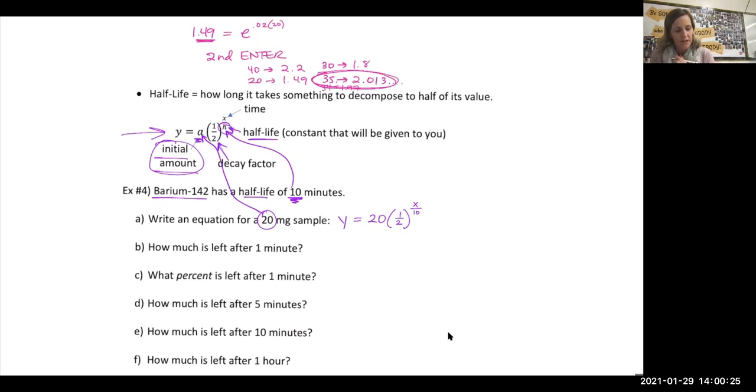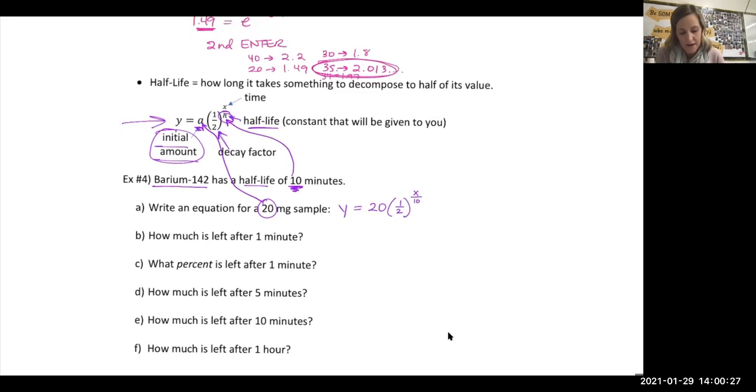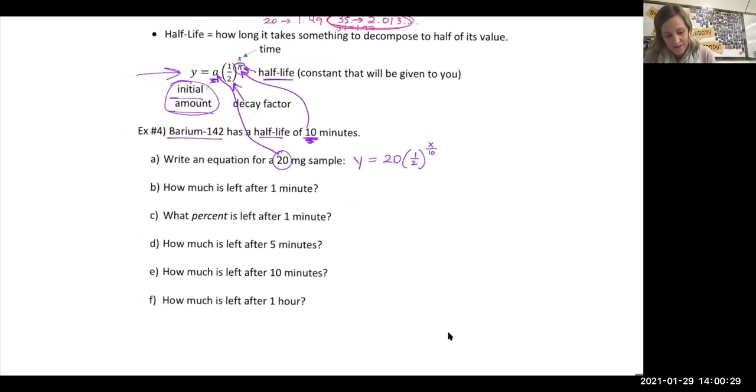The first question they ask is how much is left after 1 minute? So if X is our time, then that 1 is going to go in its place. So it's going to be Y equals 20 times, I typically just plug in 0.5. You can do 1/2, it's not a problem, but you don't need to. You can just do 0.5.